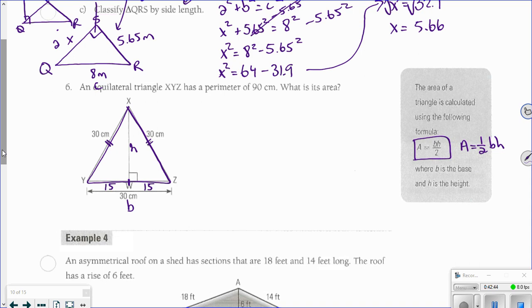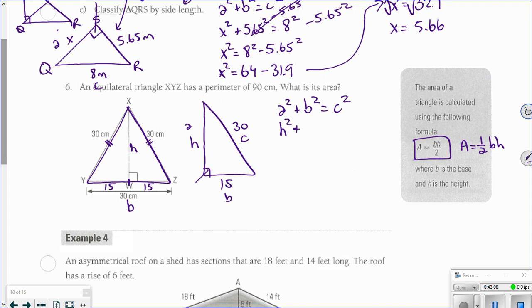So I can use my little right triangle to find the height, because I know the outside piece is 30, and this bottom is 15. Okay, so my right angle points at my C side, which makes this A and B. A squared plus B squared equals C squared. So H squared plus 15 squared equals 30 squared. Rearranged by subtracting the 15 squared.